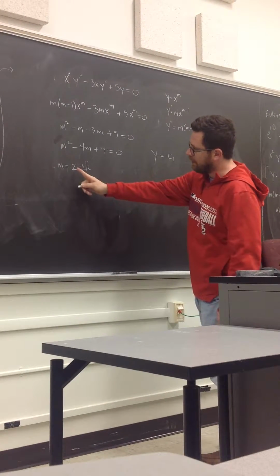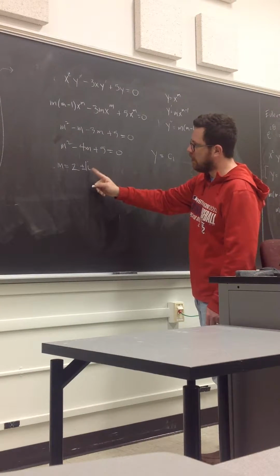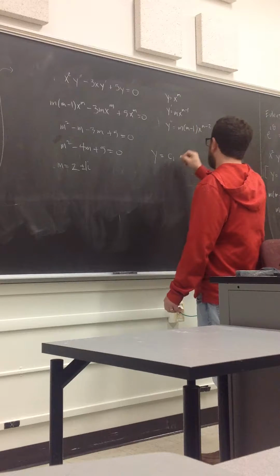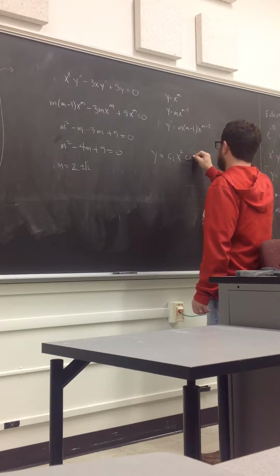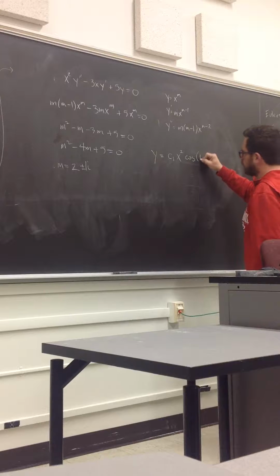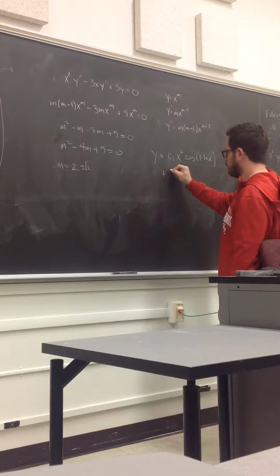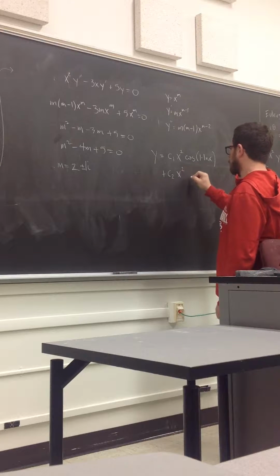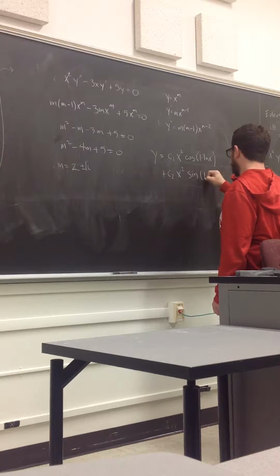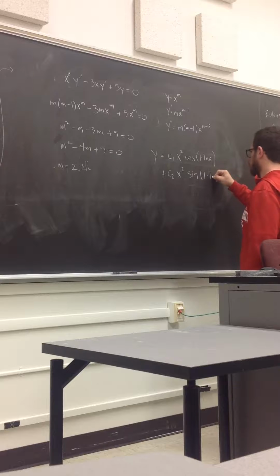So this is the exponent of x, and this is the coefficient of natural log. y equals C1 x squared cosine, let me write in parentheses, 1 times natural log x, plus C2 x squared sine of 1 times natural log x.